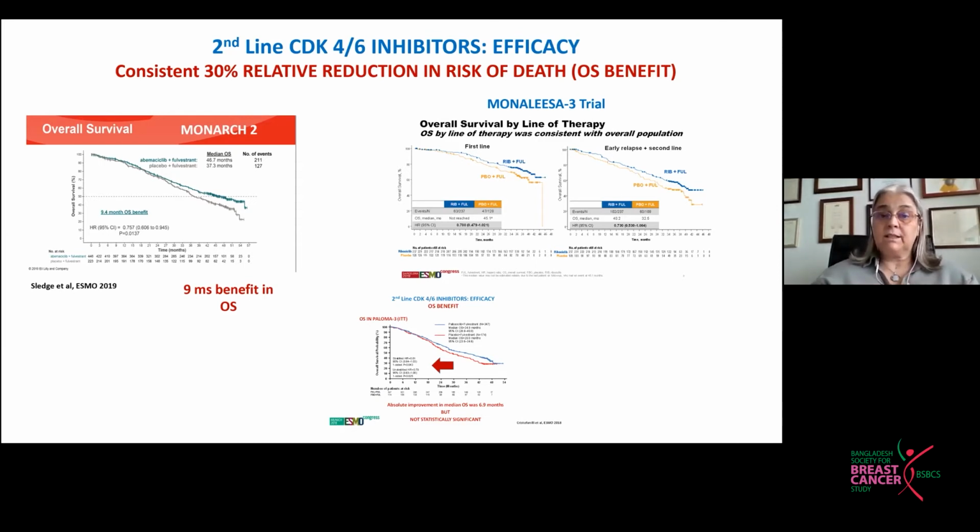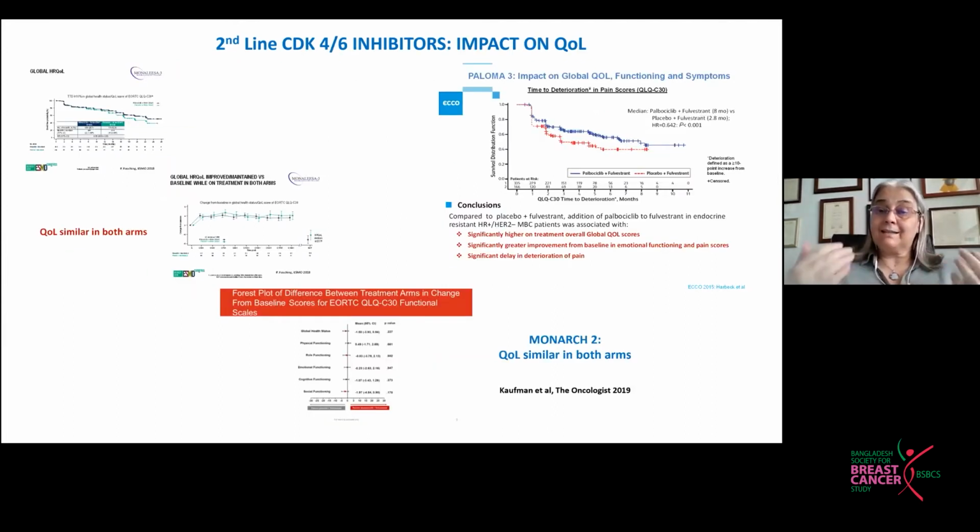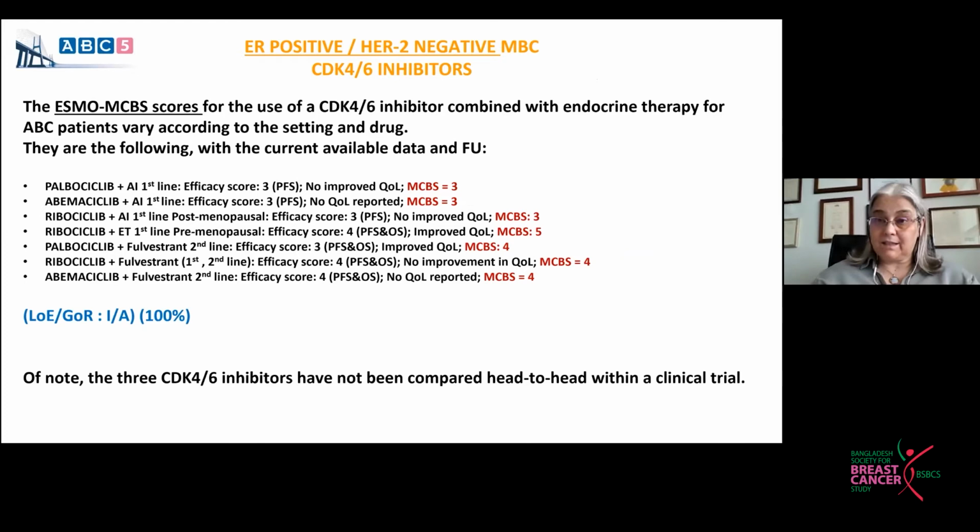effect. So this has led to the very high classification of these agents in what is called the ESMO magnitude of clinical benefit scale, that I can explain a little bit better in the discussion, if you want, but it's an objective scale to classify the benefit of agents and help you fight for reimbursement.